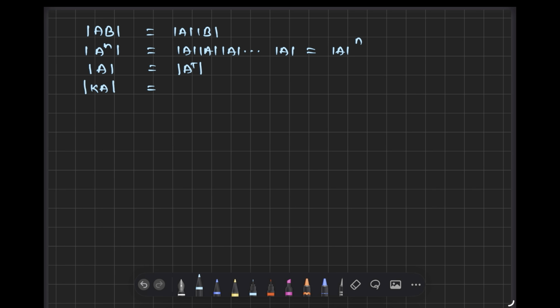So k will be multiplied in row number 1, row number 2, row number 3. You have to take common, and you should take common from a single row or single column. So from the first row we take k common, second row k common, third row k common. Suppose it is of order n cross n, then k will come out with power n and then determinant of A.